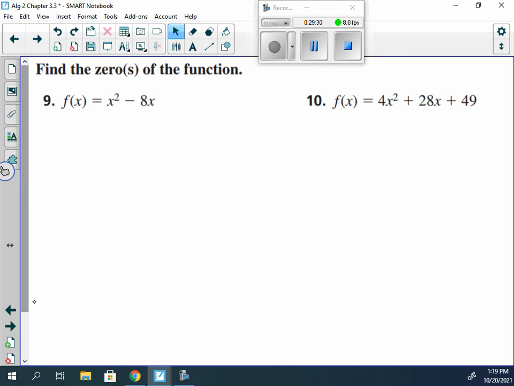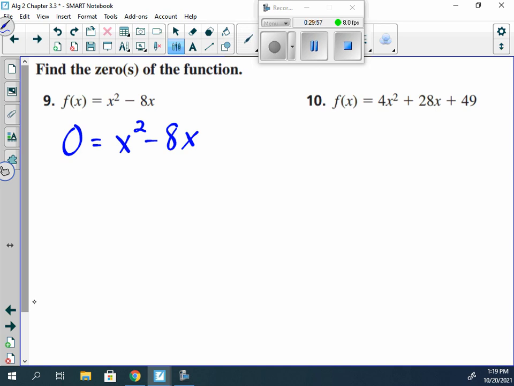The one that I want to look at, and the last one we're going to do today, is number 9, x squared minus 8x. This one here isn't any more difficult or any more challenging than what we did. It's just one little step to it. Again, we're trying to see what value of x will make this function equal 0.